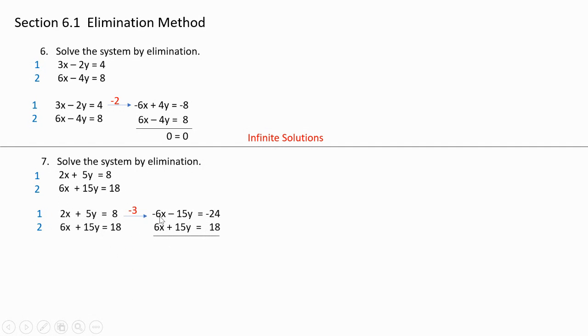After I do the operation, negative 6 plus 6 will cancel, will be 0. Negative 15y plus 15y will give me a 0. On the right side, negative 24 plus 18 will give us a negative 6. So 0 equals negative 6, right? And that's not true. That means that these two lines are parallel. They will never intersect. No solution. Okay? That's how we solve these types of systems of linear equations.